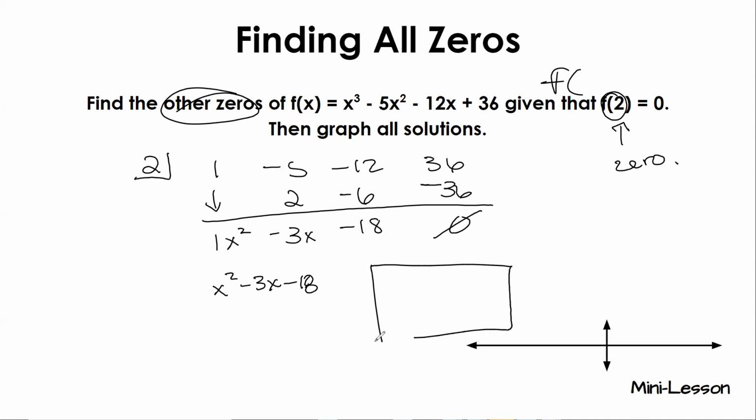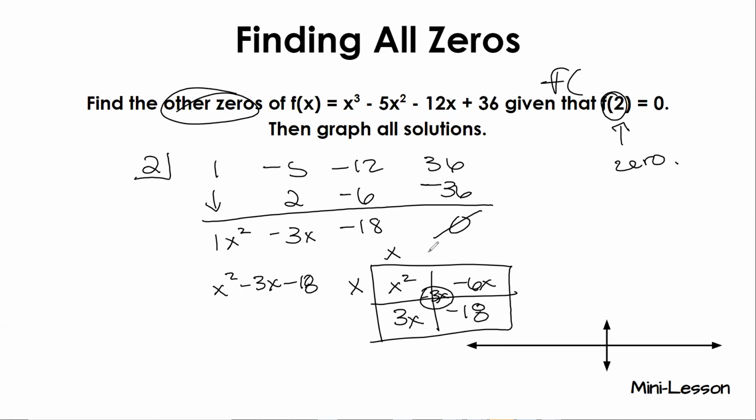Okay, so for the box, the first term goes in the first box, the last term goes in the last box, and the middle term is what you're going to add together in these 2 boxes. So this is going to have x here, but I need something that multiplies together to get -18, but adds together to get -3. -6 and 3.